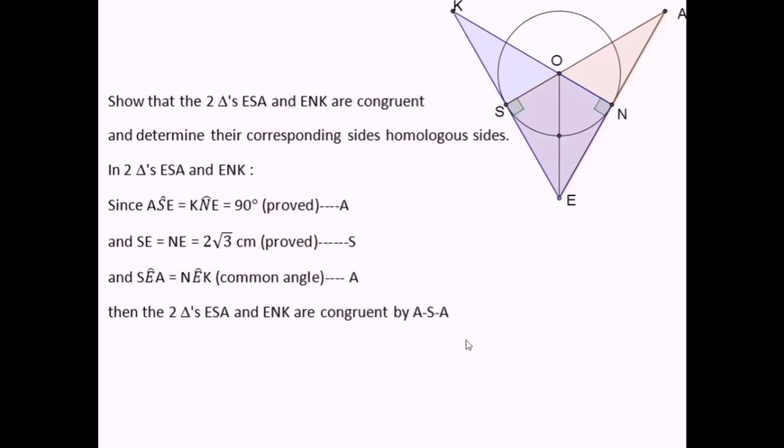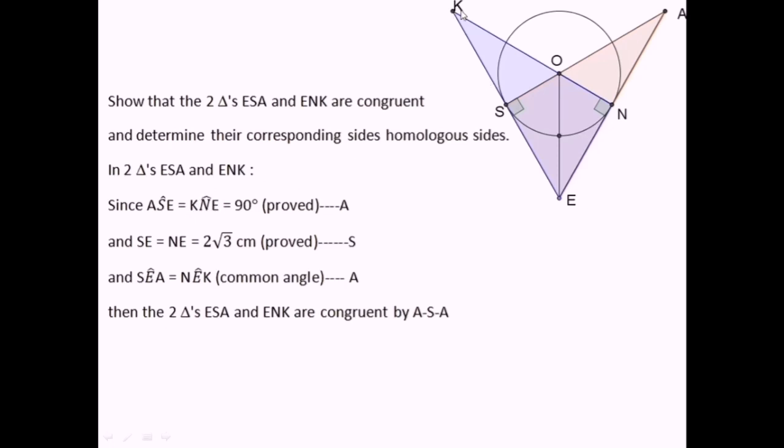According to the homologous sides or the corresponding sides, we can get the sides from the angles here. For example, ASE. Where is ASE? This is ASE here. What is the opposite of this angle? It is AE. So AE is equal to what?